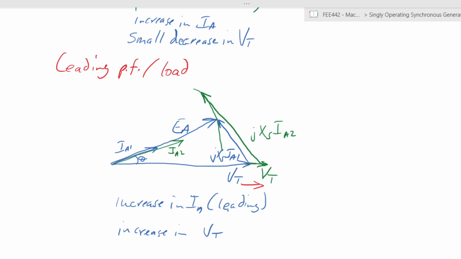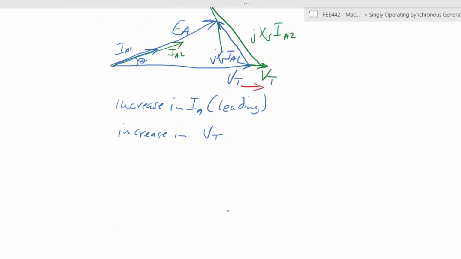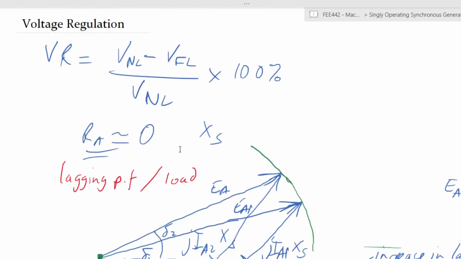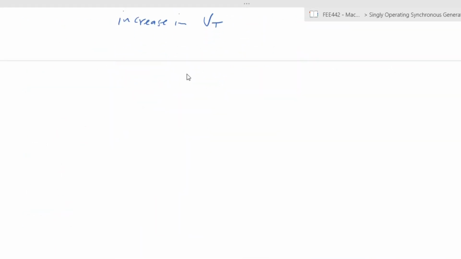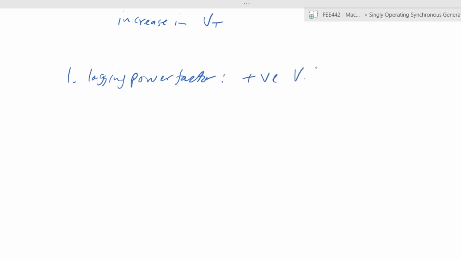right? So now what would be the case in terms of voltage regulation? So going back to our initial thing of voltage regulation, when you have lagging power factor, there is voltage regulation from no load to full load. So let's write them down here. So the voltage regulation, when you have lagging power factor, you have a positive voltage regulation.